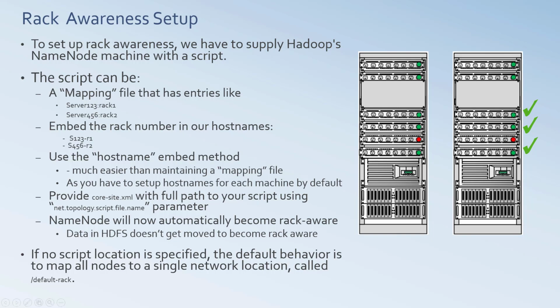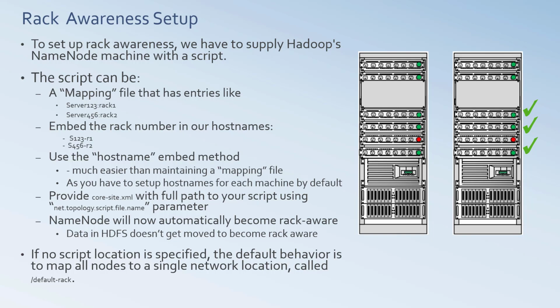If we use the script, then every time we provision or deprovision a node in a new rack, we have to go back and edit the script and update the entry. Or we can do it a more intelligent way by embedding the rack number into our host names, so that our host names contain the rack number by default.